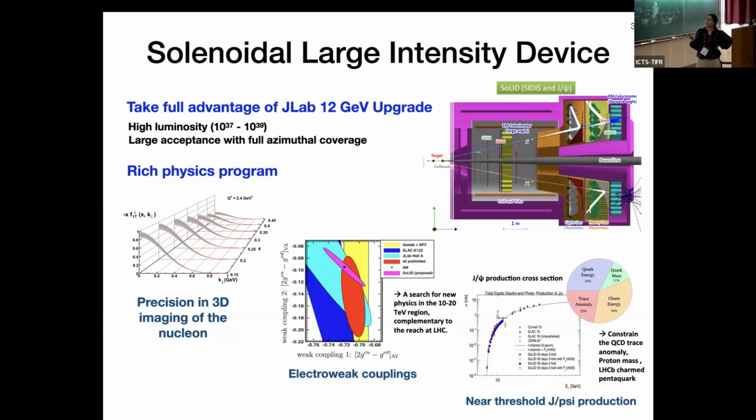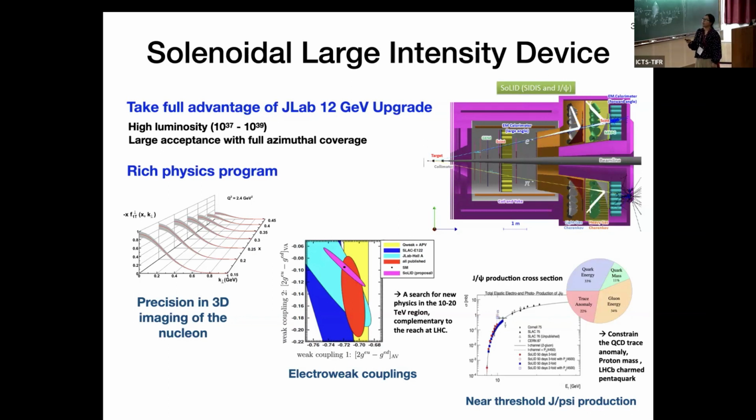What can you achieve if you have a high luminosity beam and a large acceptance detector with full azimuthal coverage? You will have a really good range for your data, right? You have a large amount of data.